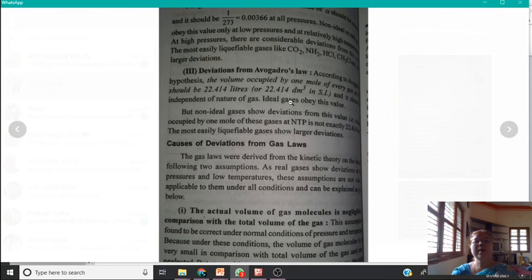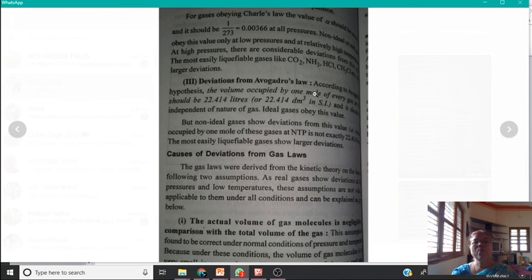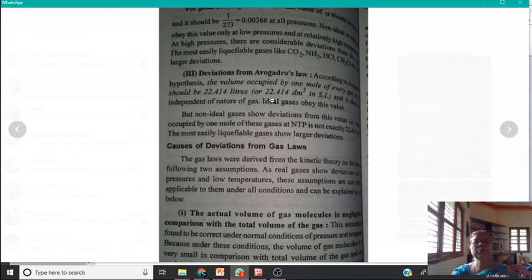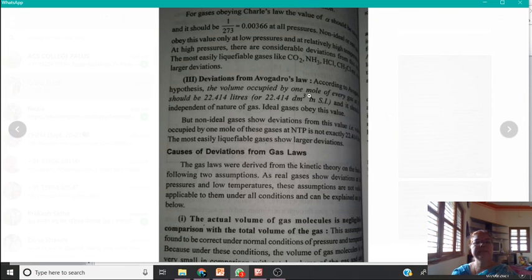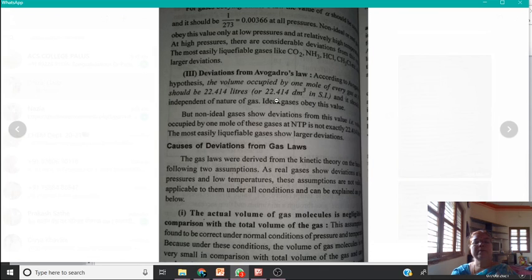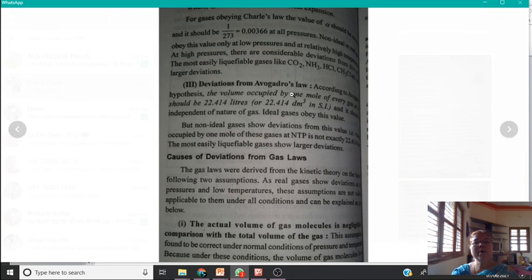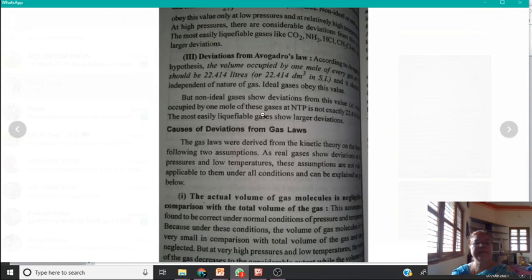That means for every gas, the volume of 1 mole should be this much, and real gases show either an increase or decrease in the volume of 1 mole of gas.